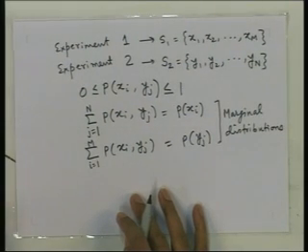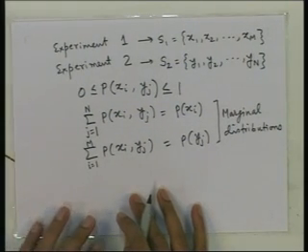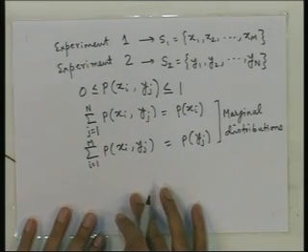And again, let us consider that there are two events, either of the same experiment or two different experiments, and we know that one event has occurred. Then what is the probability that the second event also occurs?